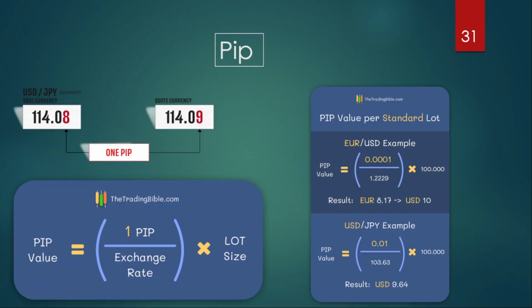Suppose the exchange rate is 1.2229, multiplied by 100,000 units, since a standard lot is equivalent to 100,000 units. This would give you 8.17, which is equal to $10.